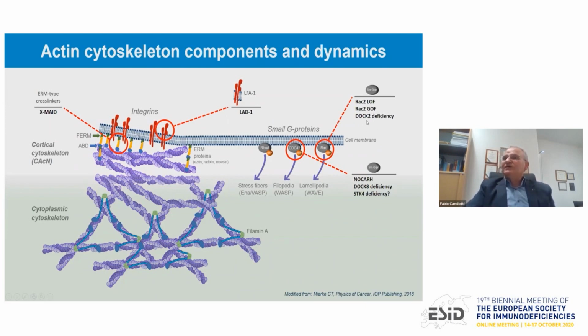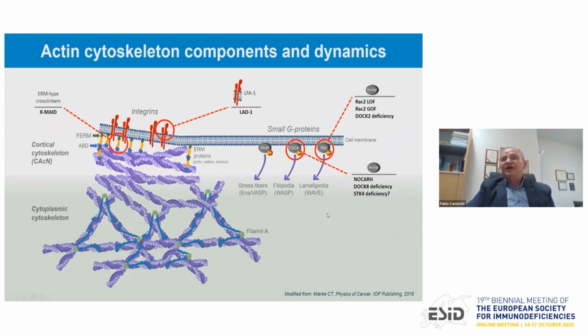DOCK2 is listed here because it is a RAC2-specific guanine nucleotide exchange factor and specifically activates RAC2. So in the absence of DOCK2, we are expecting this pathway to be affected.